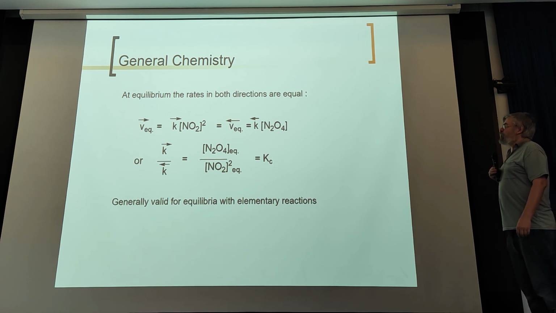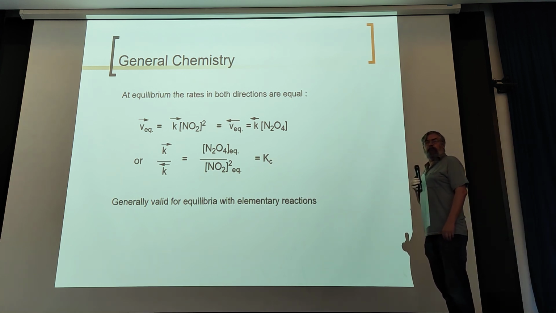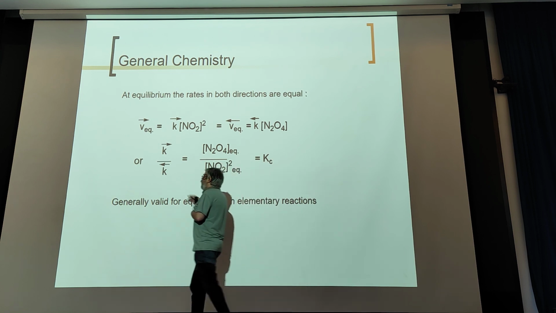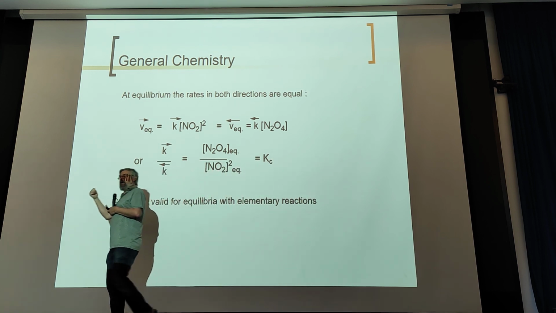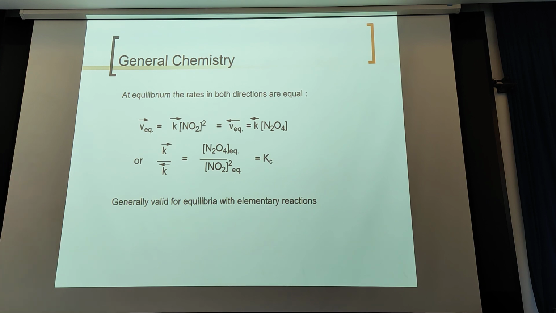So that now means we can bring the k's all to the same side. And now we make the ratio of k up and k down. And at the same time we make the ratio of the concentrations at equilibrium. And as you can see, this expression is nothing else than the concentration-dependent equilibrium constant.